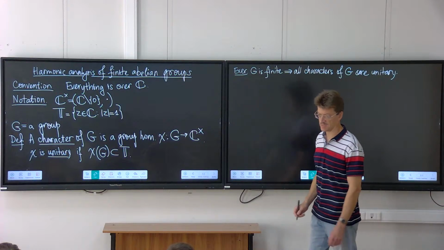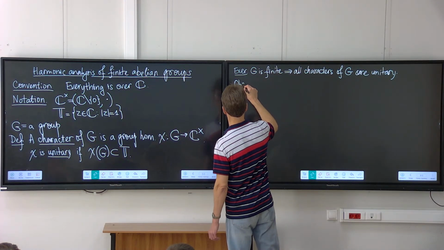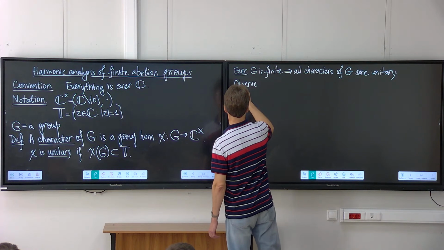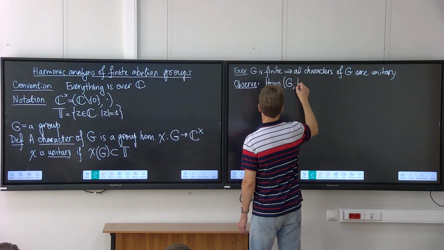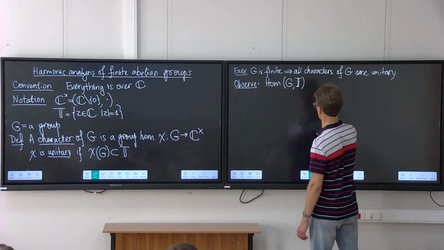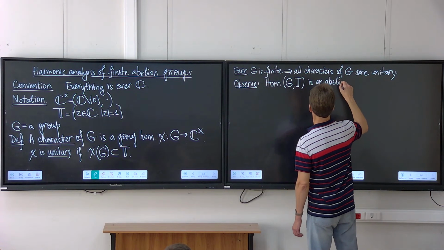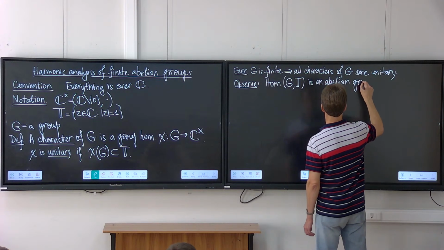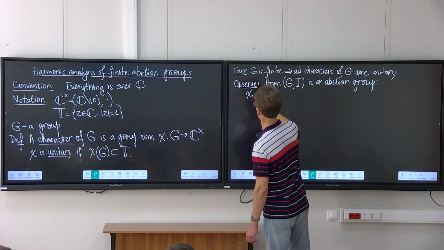Let's now observe that if we consider the set of all unitary characters of G, then this is not just a set. This is also an abelian group, with respect to the usual pointwise multiplication. You have two characters, chi1 and chi2.